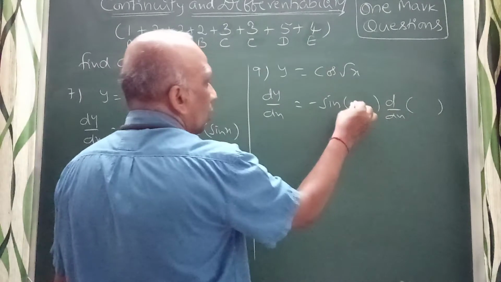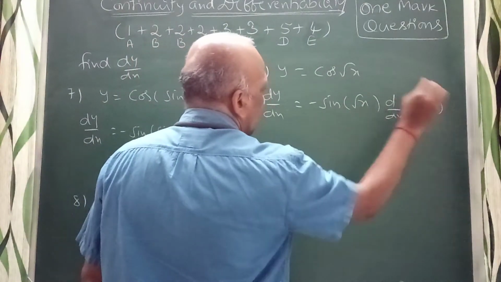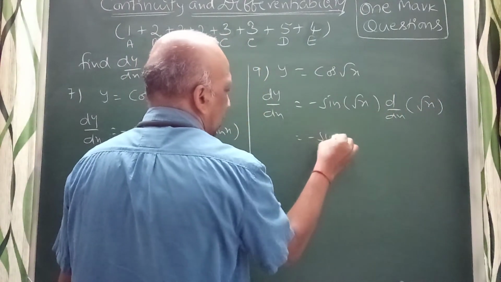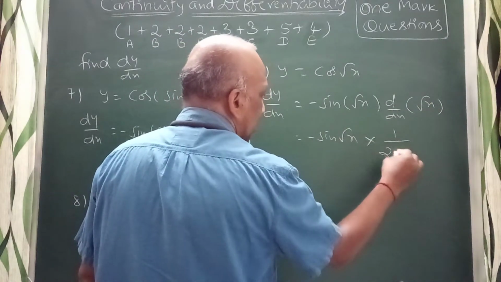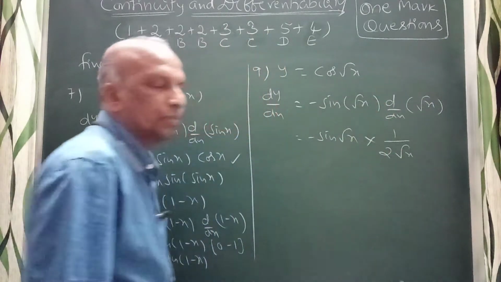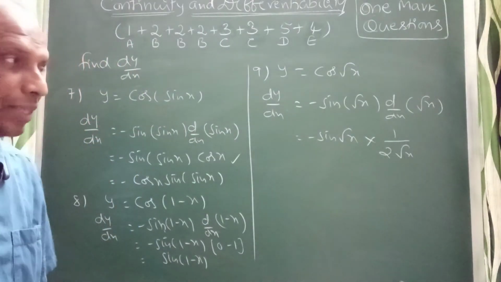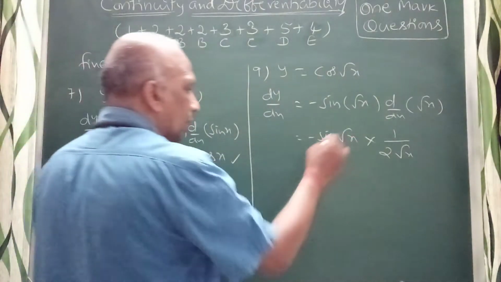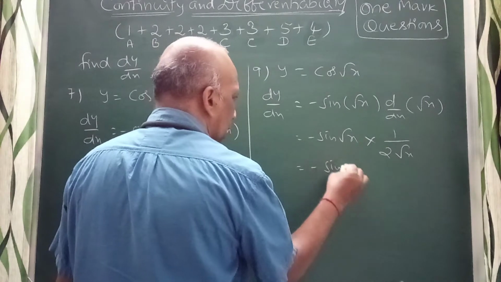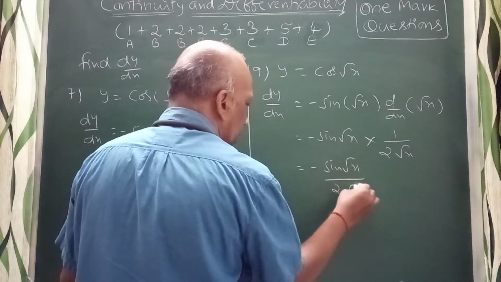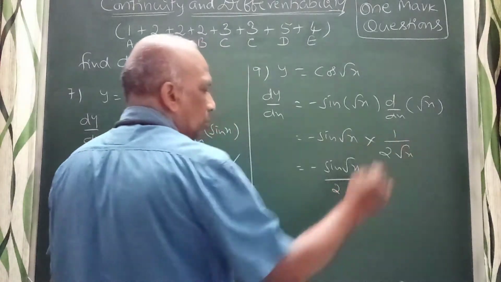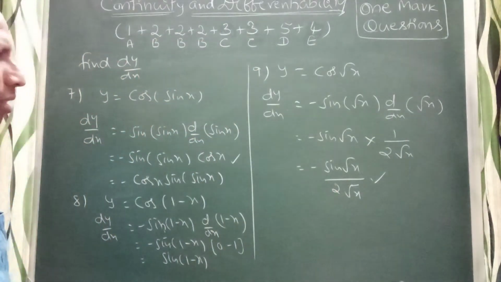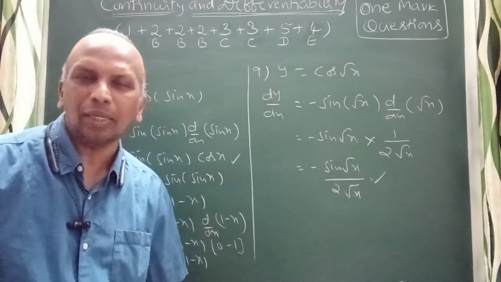So minus sin root x, derivative of root x is 1 by 2 root x. I can write this as minus sin root x by 2 root x. That will be your answer. That is the required answer, right?